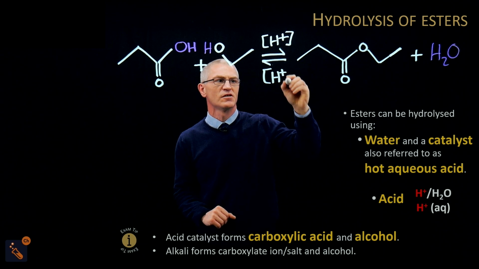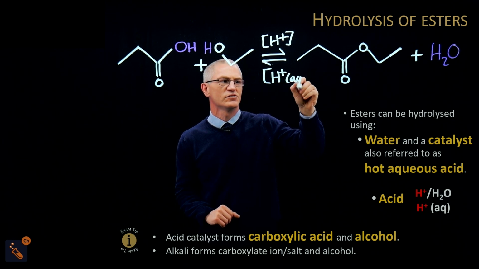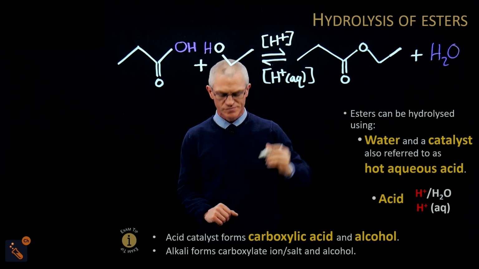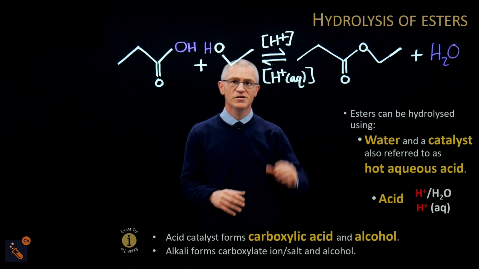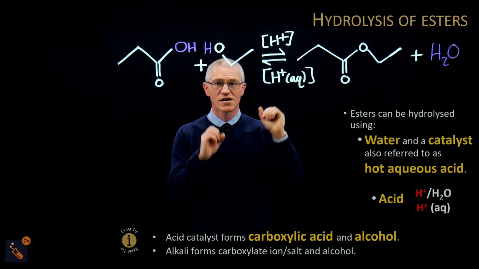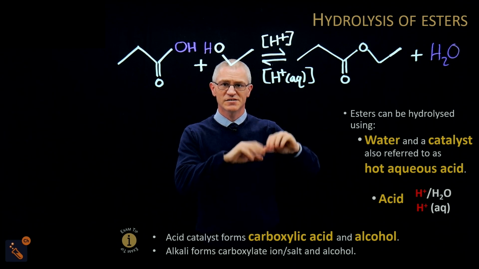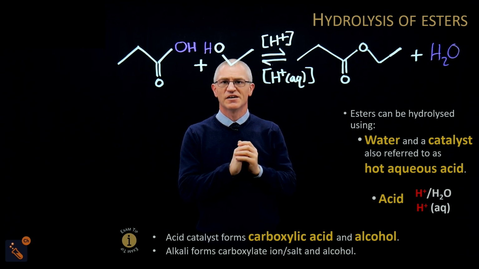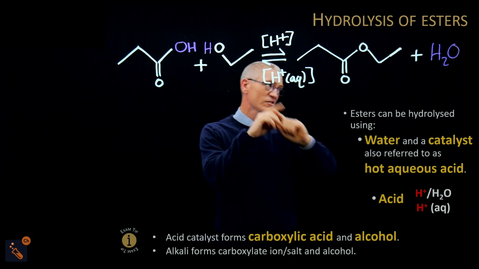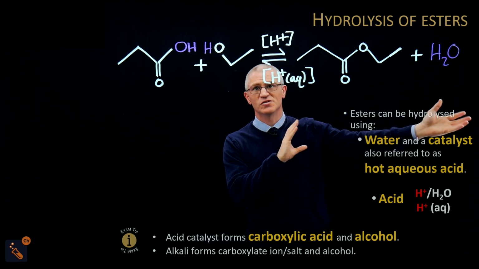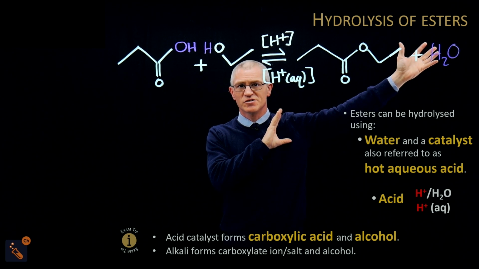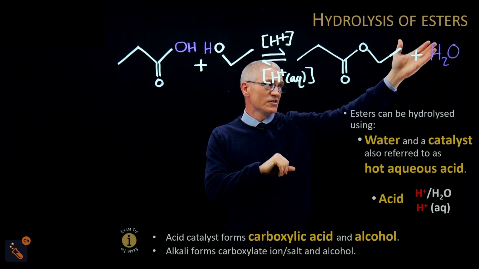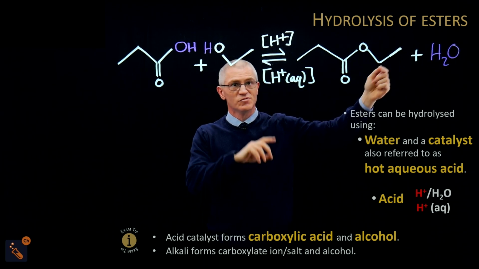But if I turn that around and instead put in H plus with the aq sign by it, I'm literally saying I'm adding H plus as my catalyst, but I'm adding a load of water at the same time, which means you increase the concentration of the water. You've made it go up very much, so it wants to react that water and bring it back down again.